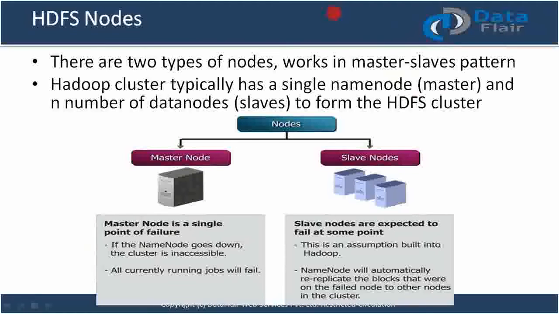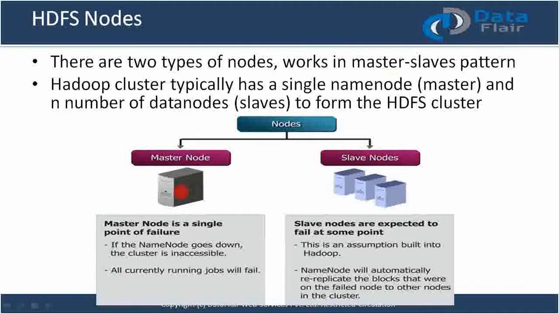Guys, why if the master goes down does the complete cluster become inaccessible? The reason is we won't have access to the metadata. On the master node, we have all the metadata. It means where all the blocks corresponding to the files are stored.